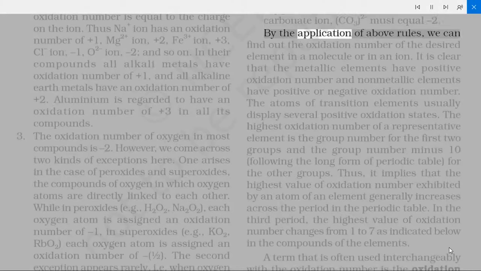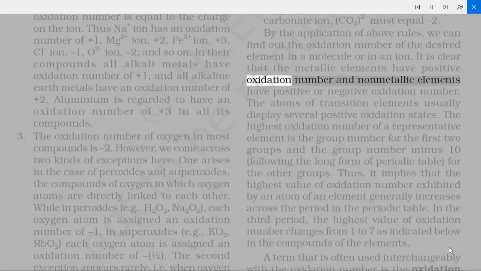By the application of the above rules, we can find out the oxidation number of the desired element in a molecule or in an ion. It is clear that metallic elements have positive oxidation numbers and non-metallic elements have positive or negative oxidation numbers. The atoms of transition elements usually display several positive oxidation states.